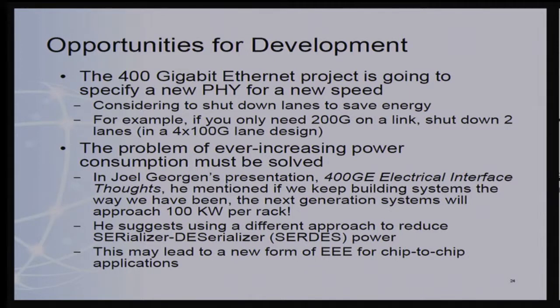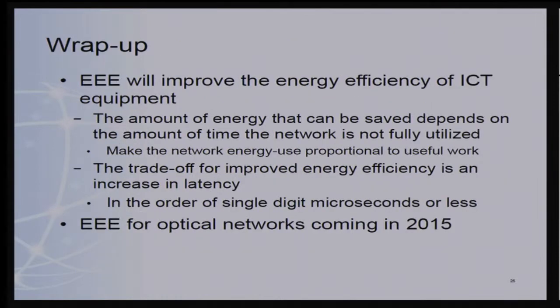So it's a problem that really does need to be solved. So Joel suggested using a different approach in the SerDes power, and that may lead to yet another form of EEE on the chip-to-chip interface. So those are sort of the latest things that are happening.